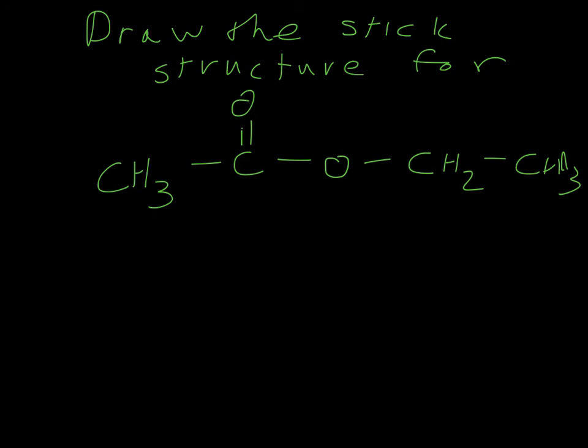All right. If we look at this, we have 1, 2, 3, 4, 5 things in a chain. So we need to draw 4 lines. 1, 2, 3, 4. Our third carbon, our third corner in our line, is an oxygen.